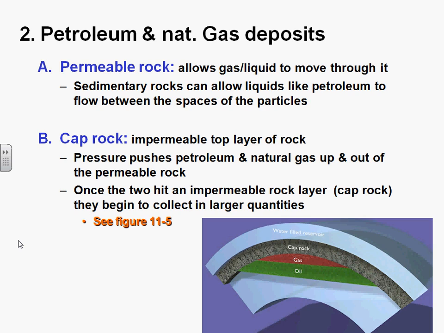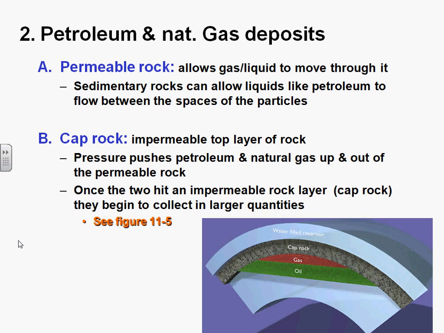Now, here's the thing. If you have a layer of rock and it's solid, it can trap things in there. So what happens over a period of time is that the oil and natural gas naturally form.